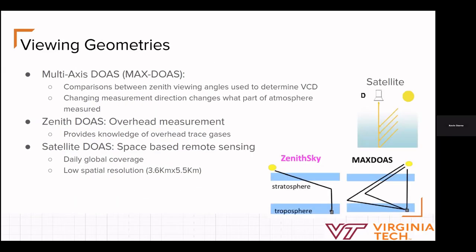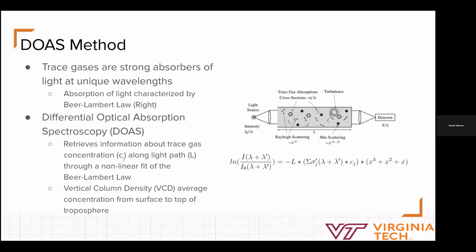I apologize. Can you go back? Sure thing. Last time you showed me this, I told you I was going to come back and make a comment, and I forgot to do it. In that equation, the Beer-Lambert law, the x cubed plus x squared plus x, is that the cross section? No, the cross section would be your sigma j, but this is a modified Beer-Lambert law equation that separates the wideband spectral effects, like atmospheric scattering and some of the larger structures within these trace gas cross sections, from the smaller band.